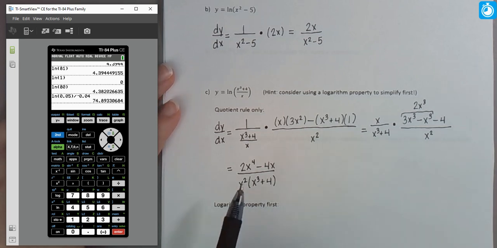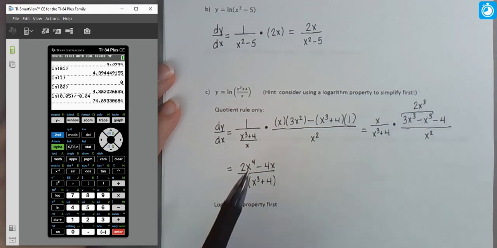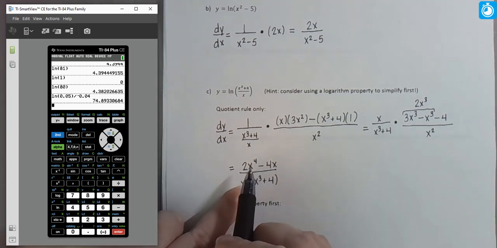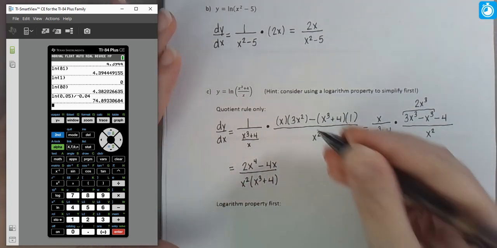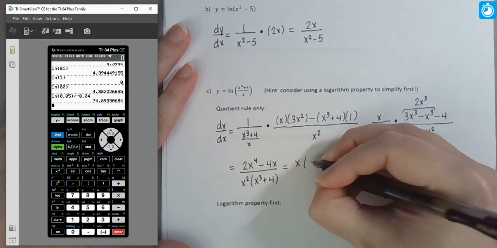Okay, so I'm noticing now I went ahead and distributed that x, but that may or may not have been beneficial. Because notice what now happens. We have a factor of x squared in the denominator, and we have an x in common in the numerator. So for better or worse, I'm going to backtrack. I'm going to factor that x out again.